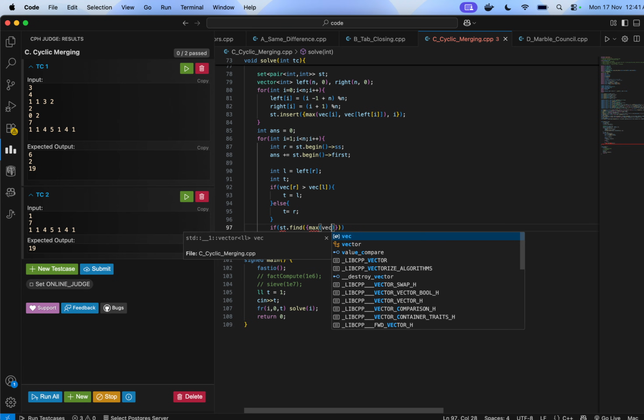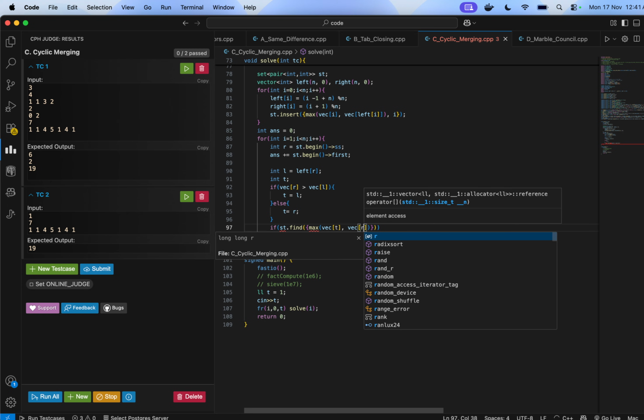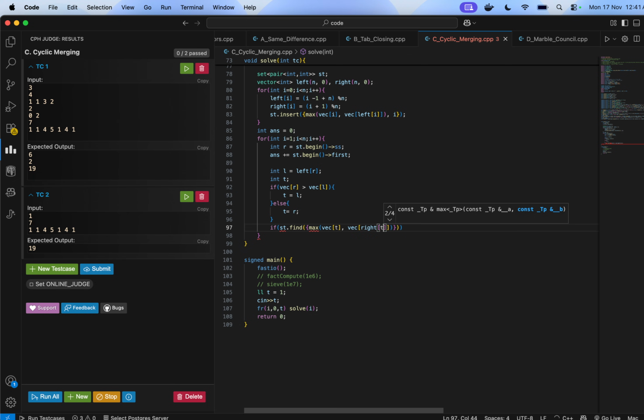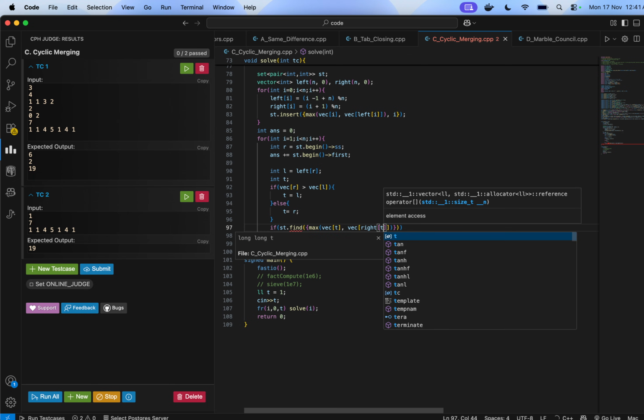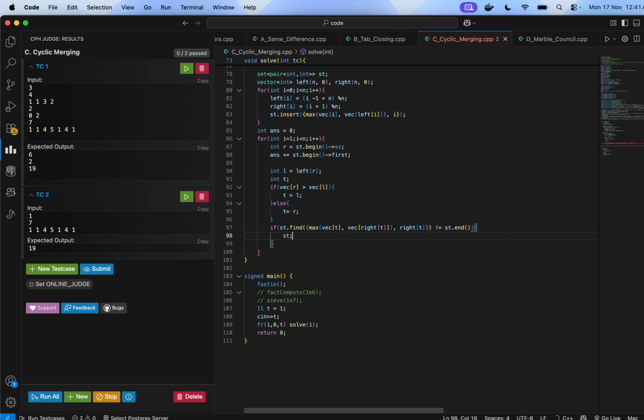Max of T, right neighbor of T. And since we initially decided to represent pair by index of right element, the second element is right. If it is present in the set, just erase it.